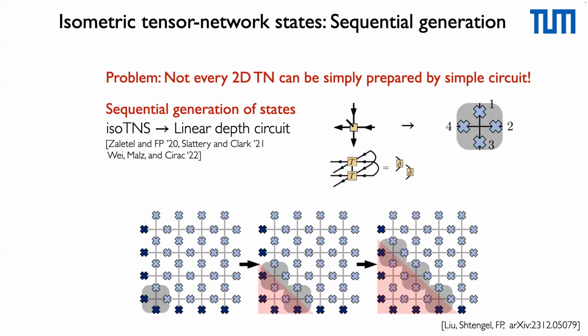Then these tensors T are isometries. Then every isometric tensor network can be expressed in terms of a sequential circuit. This is also what I replied to Andrew's question: if we have an isometric tensor network, then we can actually sequentially generate this state.